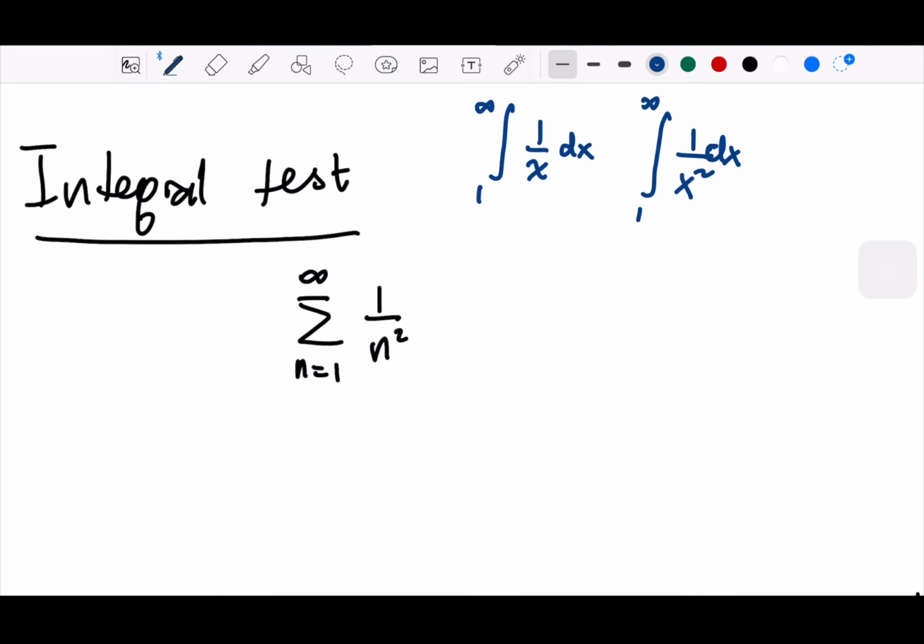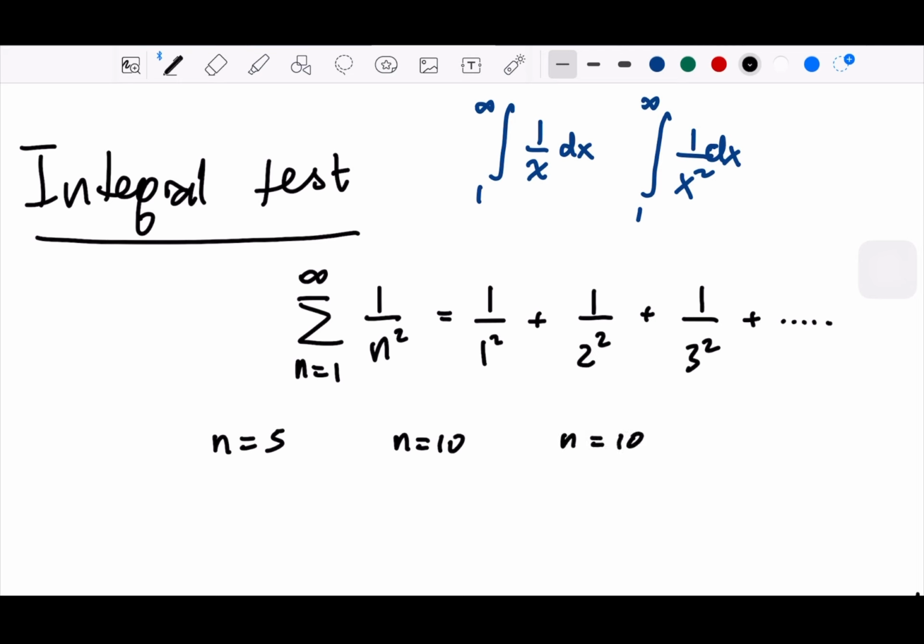Okay? So if we want to analyze the sequence 1 over n squared, let's say we are going to take a few terms and see how it looks. Then perhaps we can try some values, for example n equal 5, n equal 10, or even n equal 100.